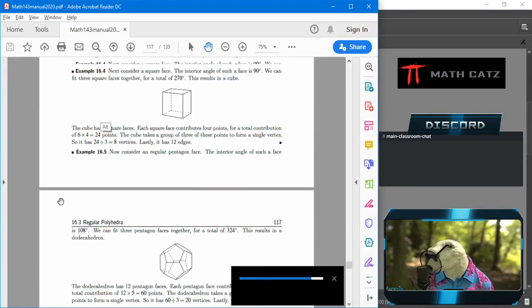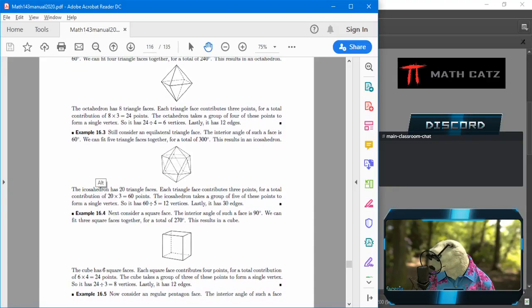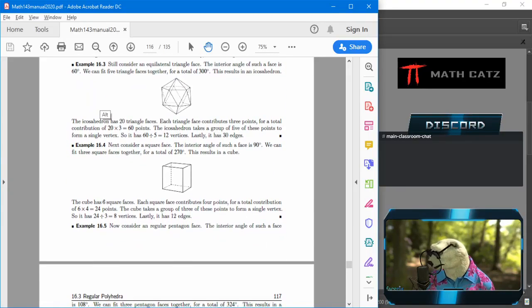If I look, for example, at the icosahedron, it says the faces that come together are triangles and 5 of them, 20 faces, 3 points for total contribution. Then that gives me 12 vertices. It has 30 edges coming from Euler's formula.